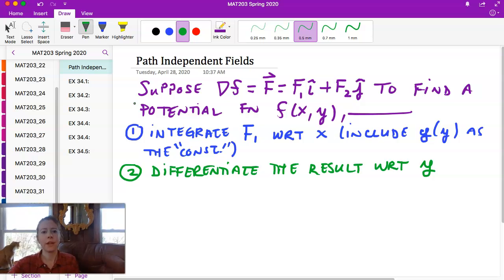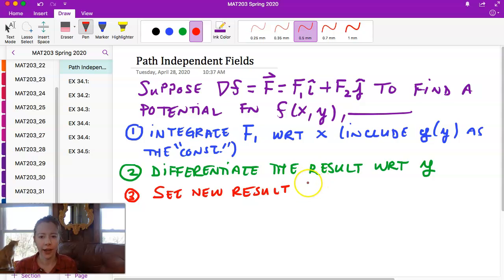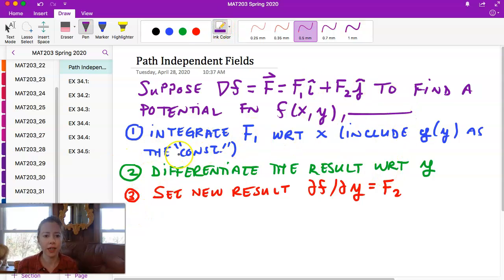And then for step 3, we're going to set the new result from 2, del f over del y, equal to our f sub 2, our y component. And so the thing is, you're going to have some g prime of y in here.